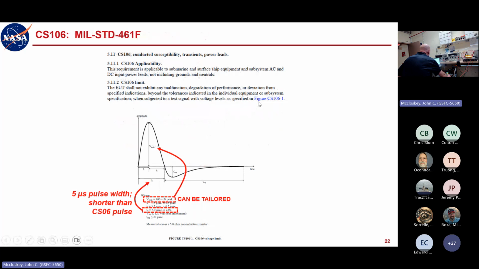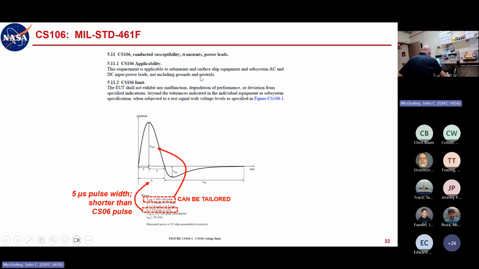Now there's the more official CS106 that was introduced in Mil Standard 461F. But look at some of these things. It's the same basic pulse shape, but the magnitude is 400 volts. Now it says can be tailored, but the default is 400 volts because that's what is expected, that you could have transients of that magnitude on Navy ships.